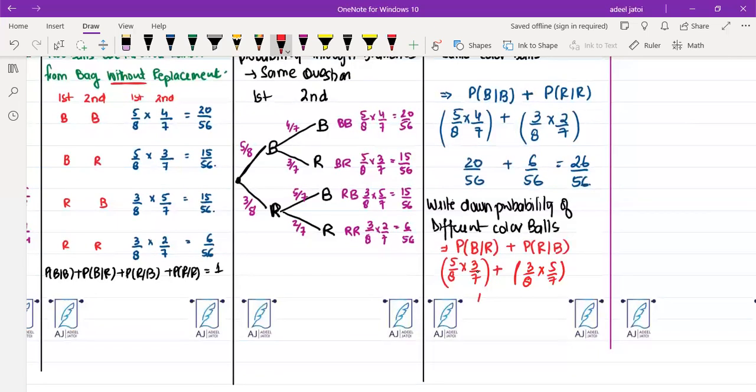So the probability is 15 upon 56 plus 15 upon 56, which is 30 upon 56. Obviously you can simplify this as well.